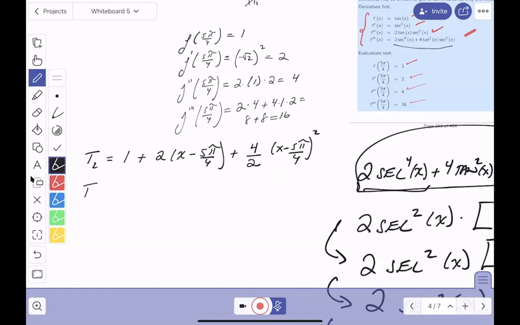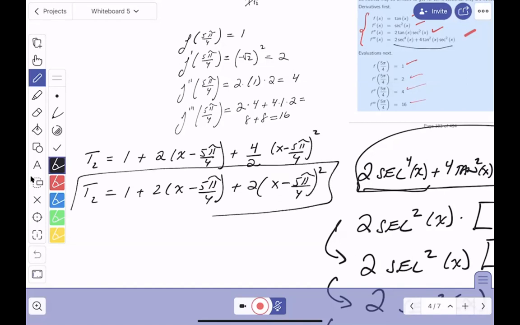Let me simplify this a little bit: 1 plus 2(x minus 5 pi over 4) plus 2(x minus 5 pi over 4) squared. I'll put a box now. We'll look at the key later.